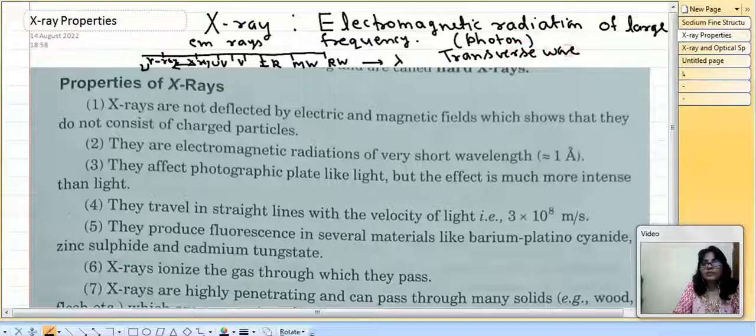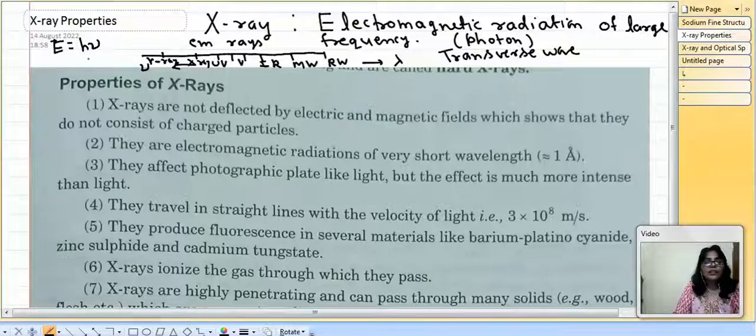So the nature of X-ray is similar to the nature of light. Light means the visible light. The difference lies only in the frequency, because the frequency of the X-ray is very large, therefore its wavelength is small, and the energy, which is expressed as h nu, is also very large because the frequency is large.